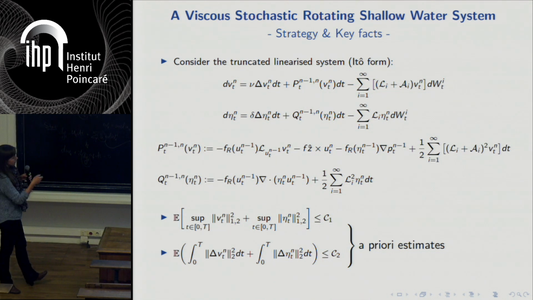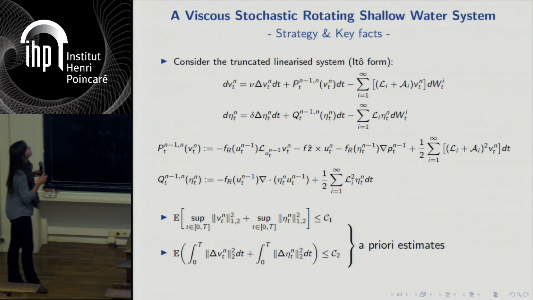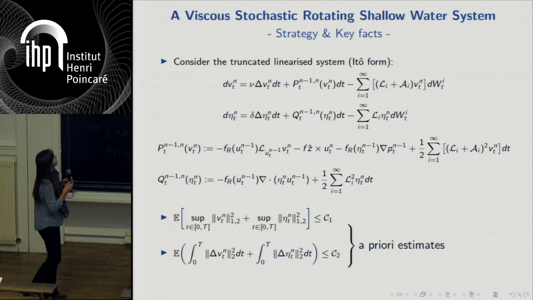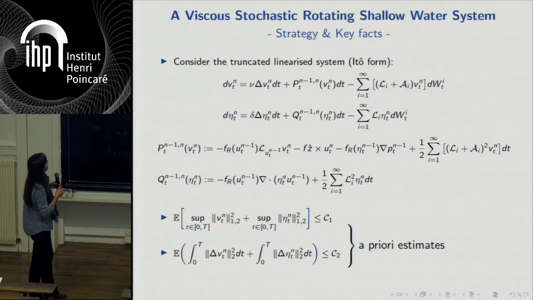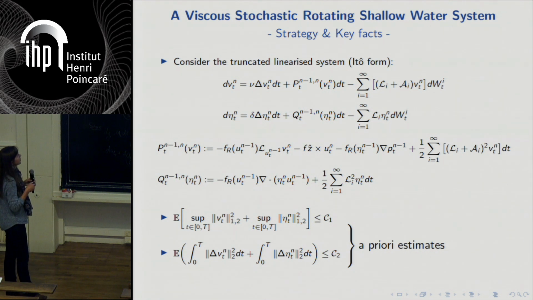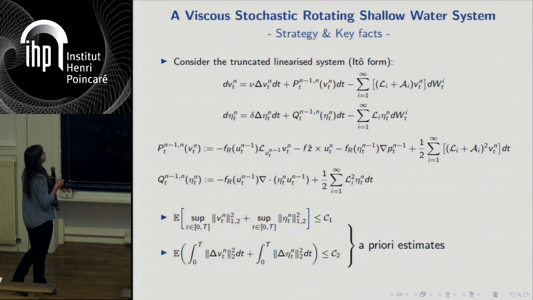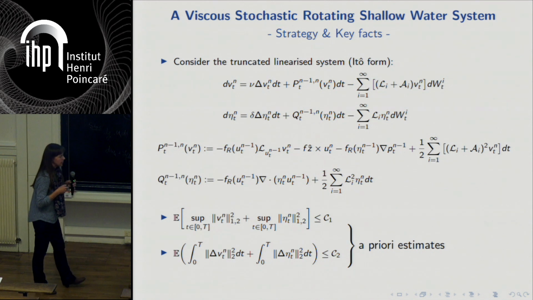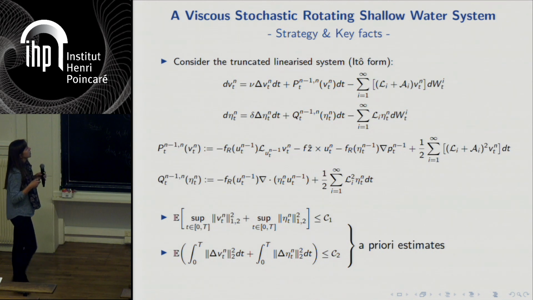This is the linearized system we construct. It's given here. And P_t^{n-1,n} is defined like this. So we have a truncation, F_R is a truncation function. We have a truncation function in front of the original nonlinearity because, not surprisingly, nonlinearities create problems.